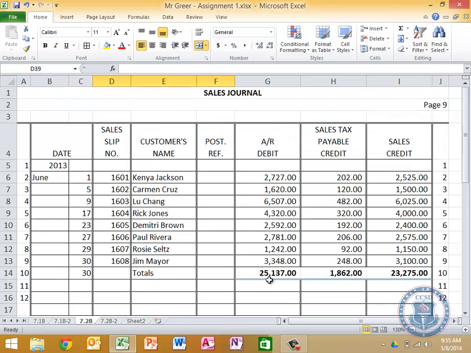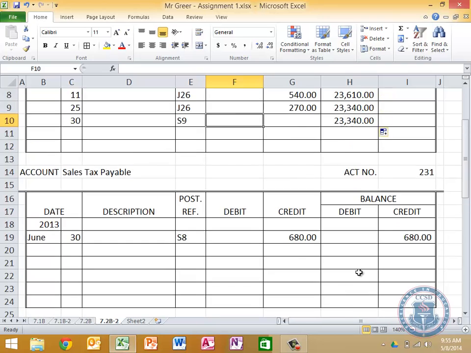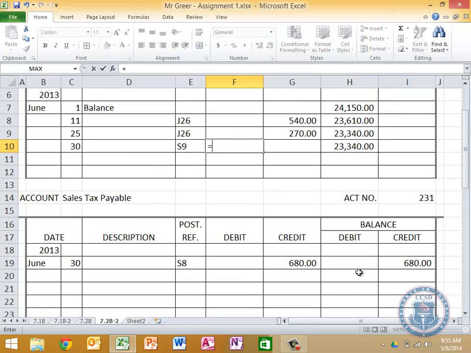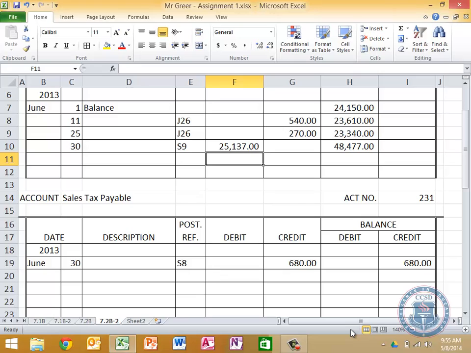Accounts receivables, debit. That's $25,137. So I'm going to go over to debit. Can you see that, Kendra? I'm going to hit equals, and I'm going to go grab that whole number. 25,137, and instantaneously, it has just calculated out what my balance is.